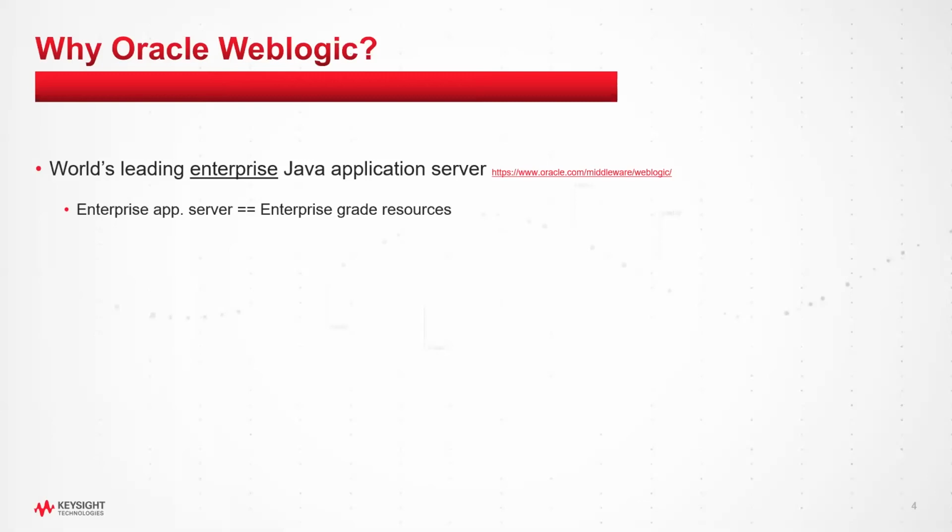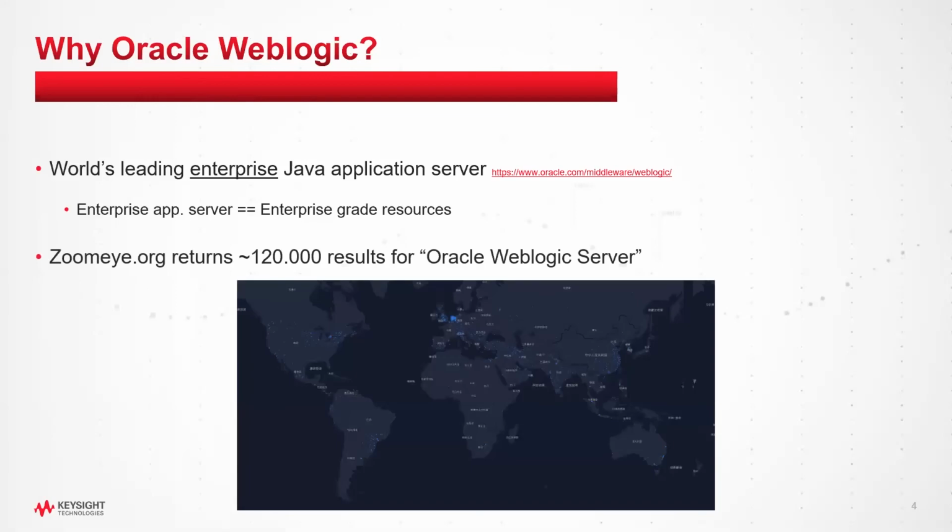So when enterprise is in the title, it means enterprise grade resources are there. Zoomeye.org is a cybersecurity search engine managed by the Knownsec 404 research group, and this search engine says there are a fairly large number of Oracle WebLogic instances all over the world.